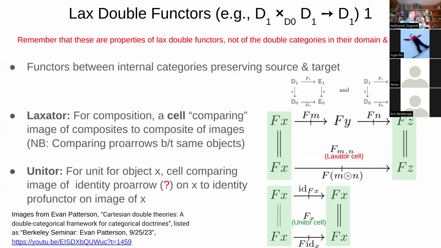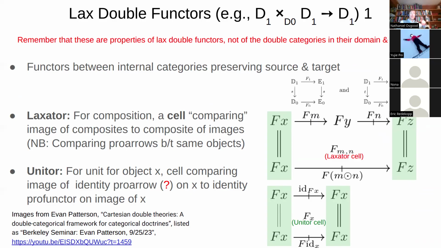You can either have morphism F and morphism G, compose them in the source category, and then map over with the lax double functor into the target category, or you can map F over to the target with the double functor, G over, and then compose in the target, and you get exactly the same thing.